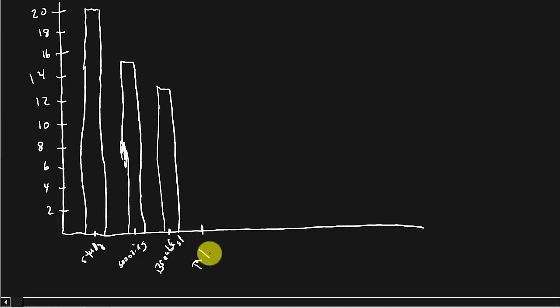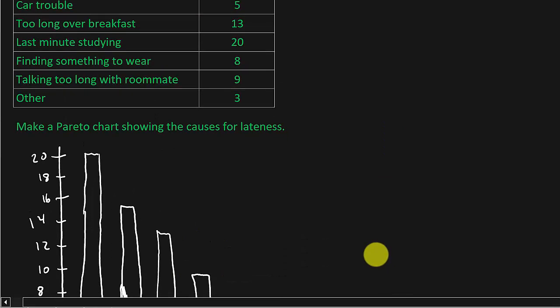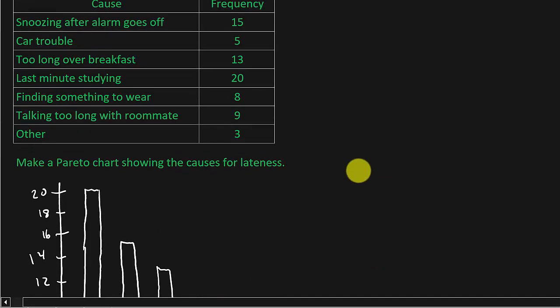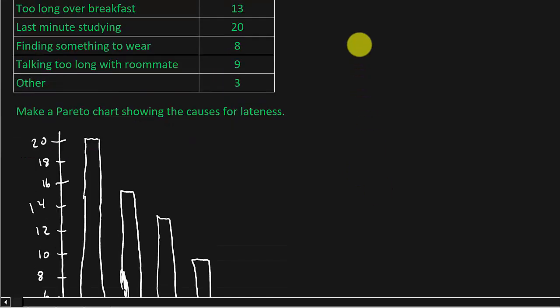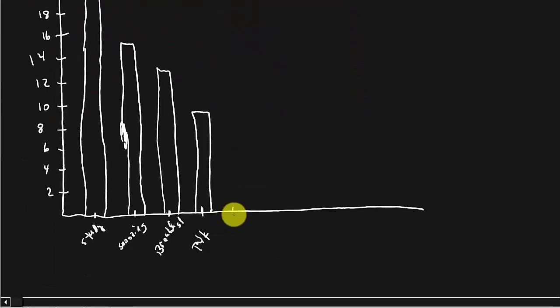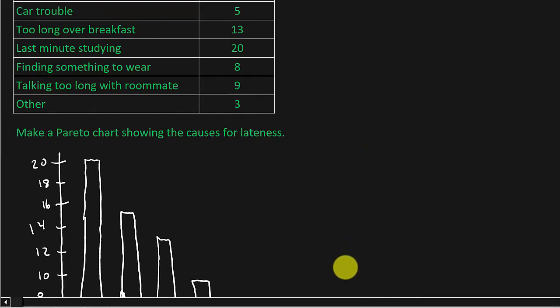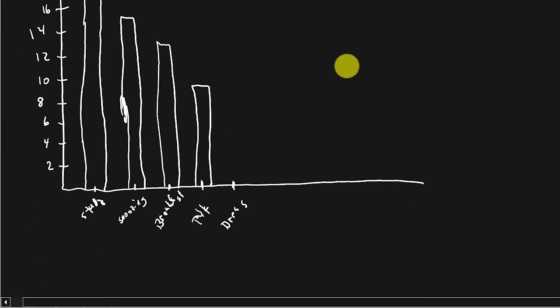So talk, and that happened 9 times. Right there. And then we have dress, finding something to wear. We all know that's important. So we've got dress, and that happened 8 times.